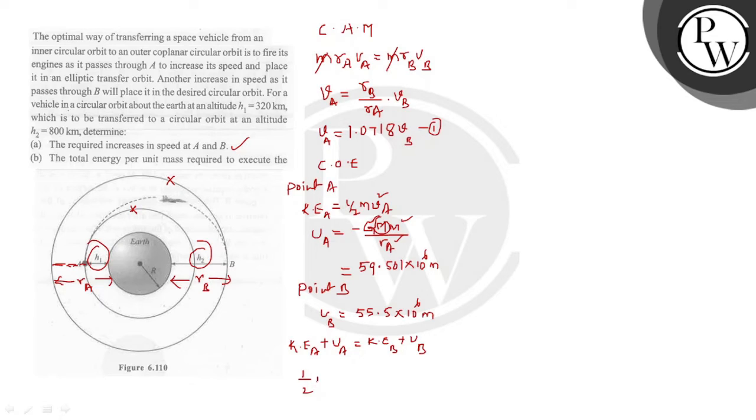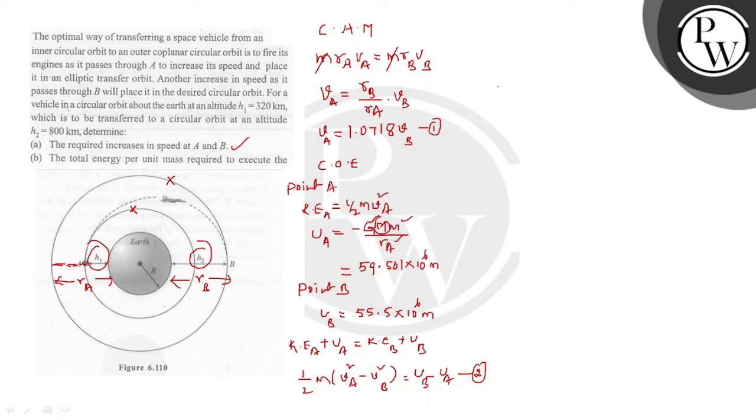Directly I am substituting and rearranging: half into m into (VA square minus VB square) must be equal to UB minus UA, the potential energies. Now this is the second relation, and already this is the first relation.